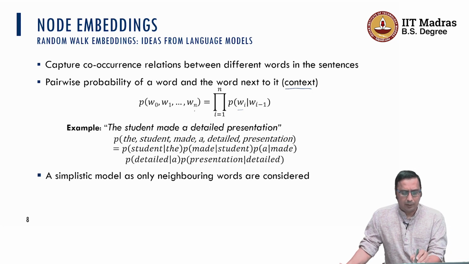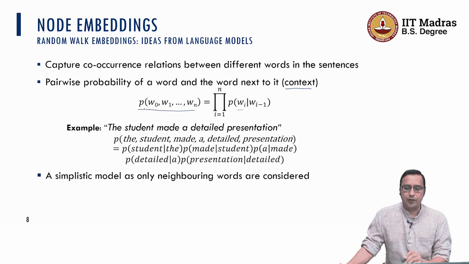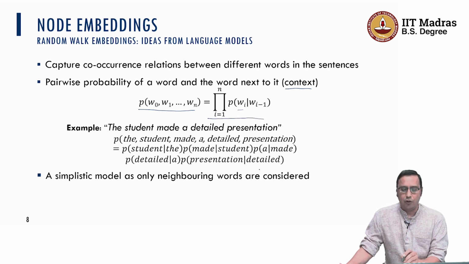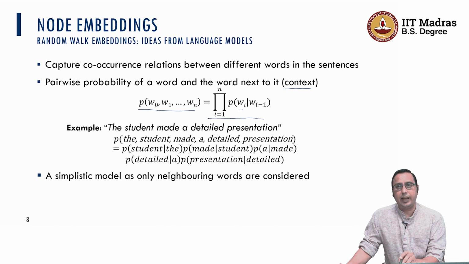So here I can take this probability of a sequence of words, and under certain assumptions I can write it as a product of the probability of a word given the previous word. So it is a conditional probability: the probability of wi, which is the next word, given wi minus one.